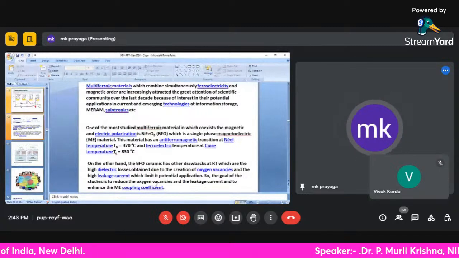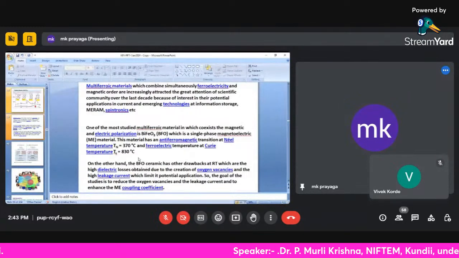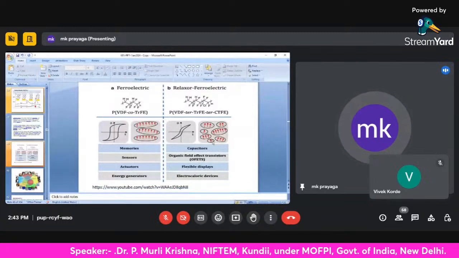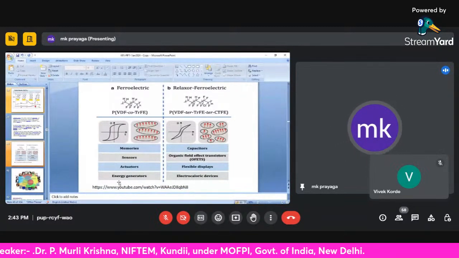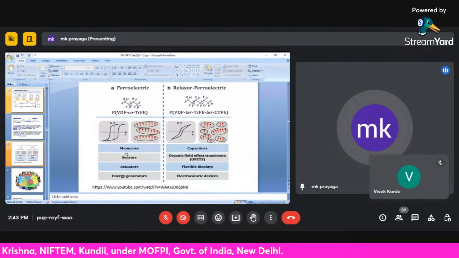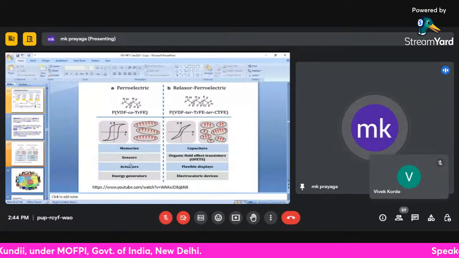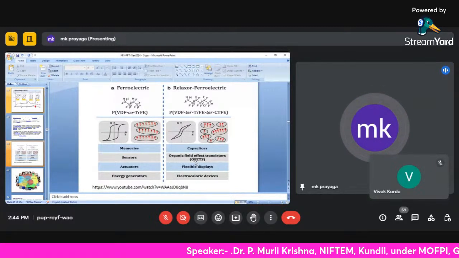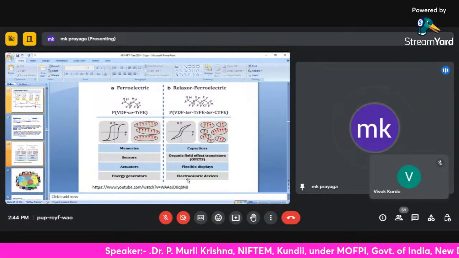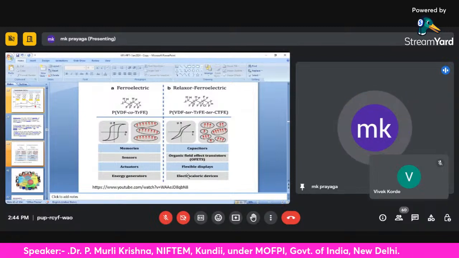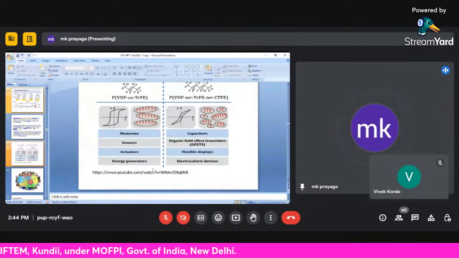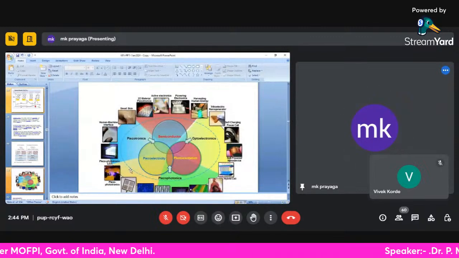For that, you have to choose different structures. So this is the ferroelectric, this is the relaxor ferroelectric. I told you, ferroelectric materials come with memory applications, sensor applications, actuator applications, energy generators. Whereas relaxor ferroelectrics have different applications like capacitors, flexible displays, and electrocaloric devices.